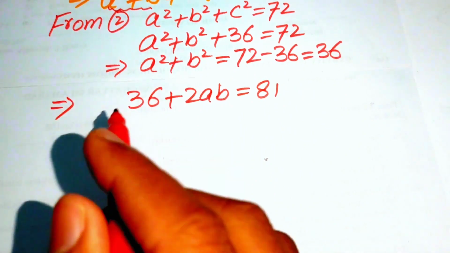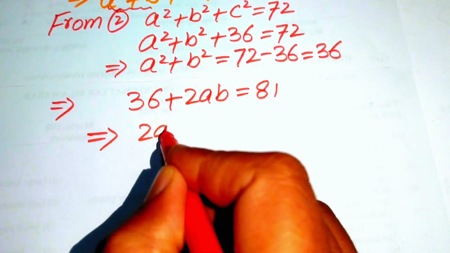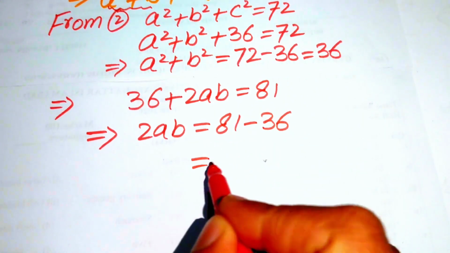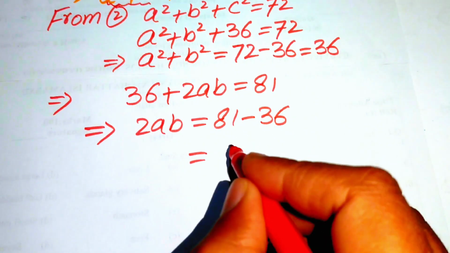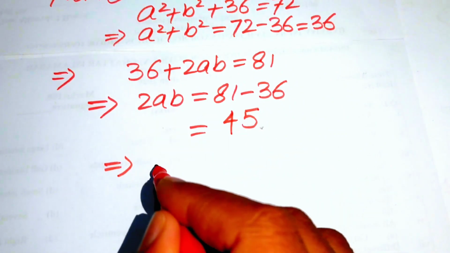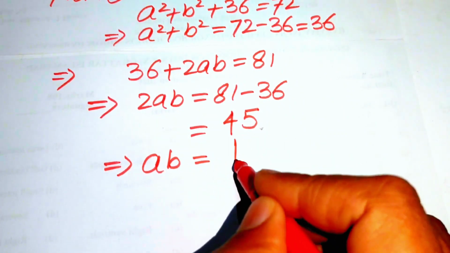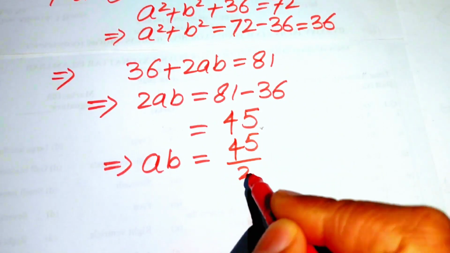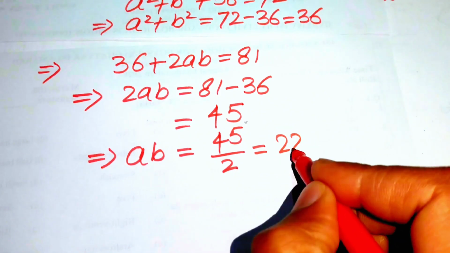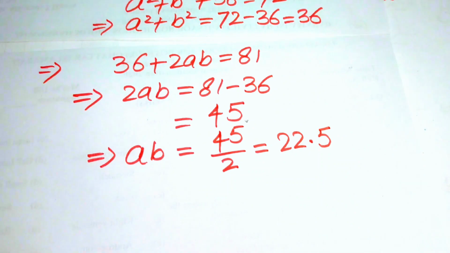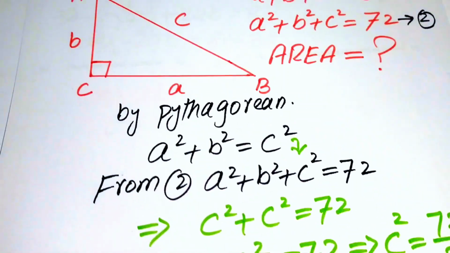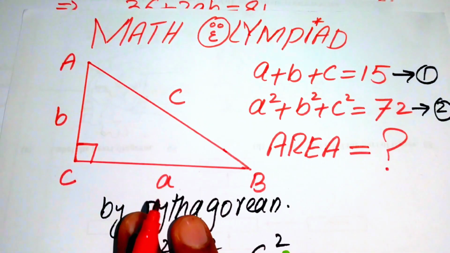We move this 36 to the right hand side and write 2 times ab equals 81 minus 36, which equals 45. Then we move the 2 to the right hand side and get ab equals 45 over 2. When we divide 45 by 2, we get 22.5.